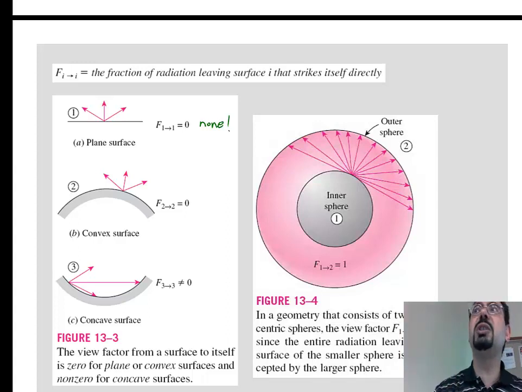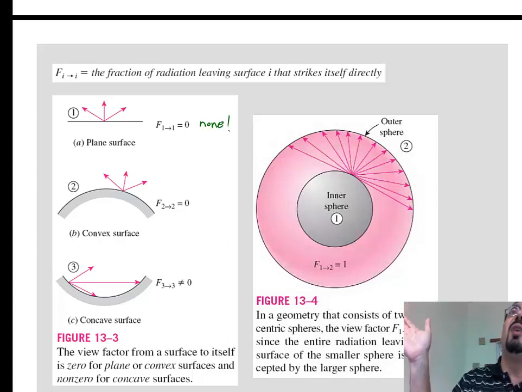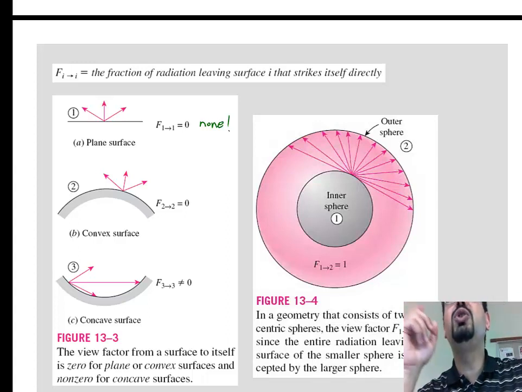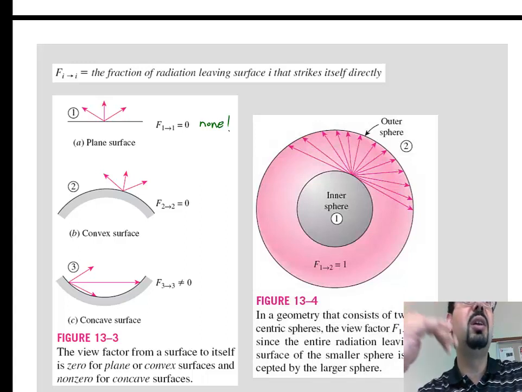If you can see him, you probably will radiate very well to him. If you don't see him that well, because he's hiding, because the angle is really far away, you will not radiate to him that much. There will be huge resistance. All right? So the chapter is filled with tables and equations and charts to calculate those F for different geometry.